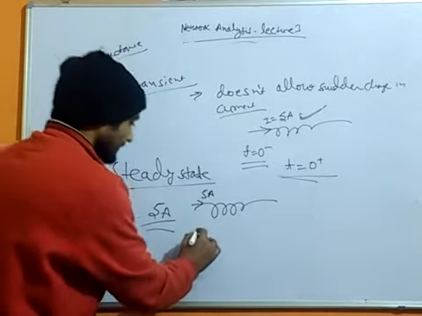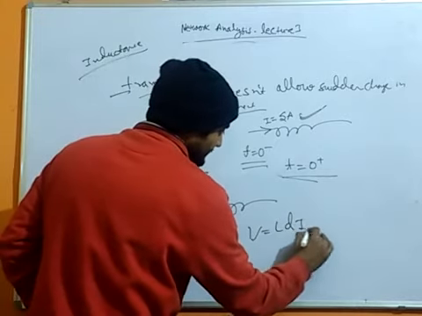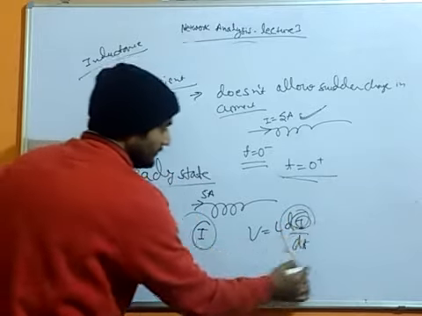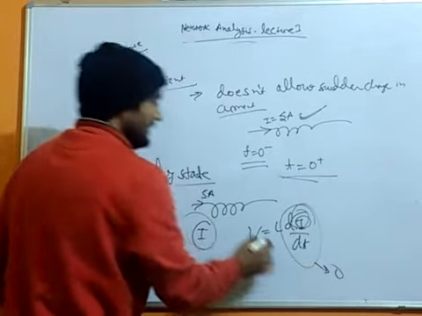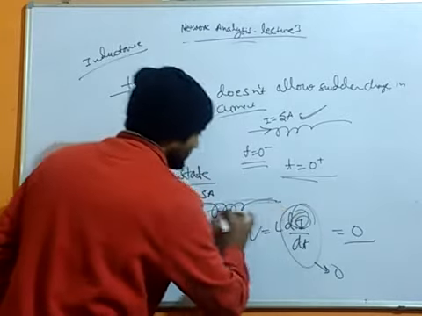So the current will become constant, and V equals L di by dt, very well we know. So if the current becomes constant, then di by dt will be 0, and so the voltage will become 0, means it will behave as a short circuit.